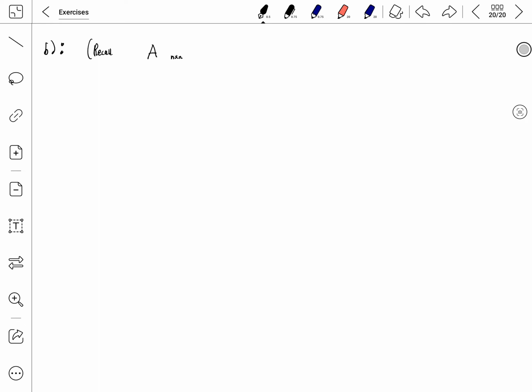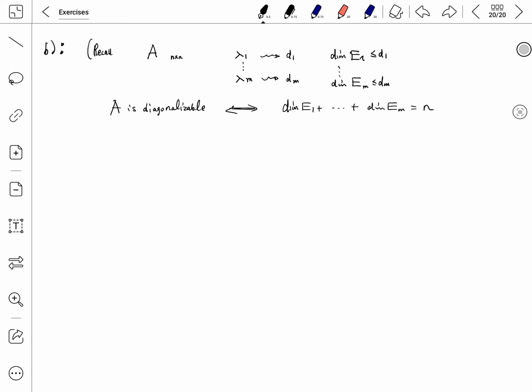We know that if you have eigenvalues with corresponding multiplicities d1, d2, up to dm, then the dimension of the eigenspace E1 corresponding to lambda 1 will be less than or equal to d1, correspondingly dimension of Em less than or equal to dm, and A is diagonalizable if and only if the dimension of E1 plus through dimension of Em equals n, right?